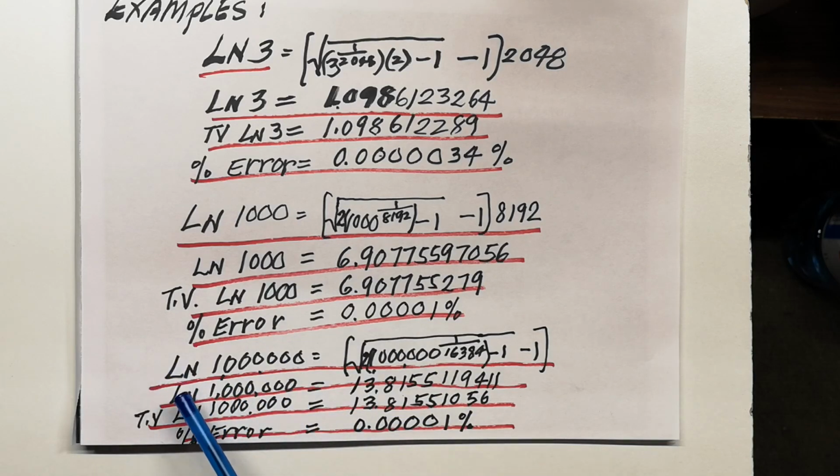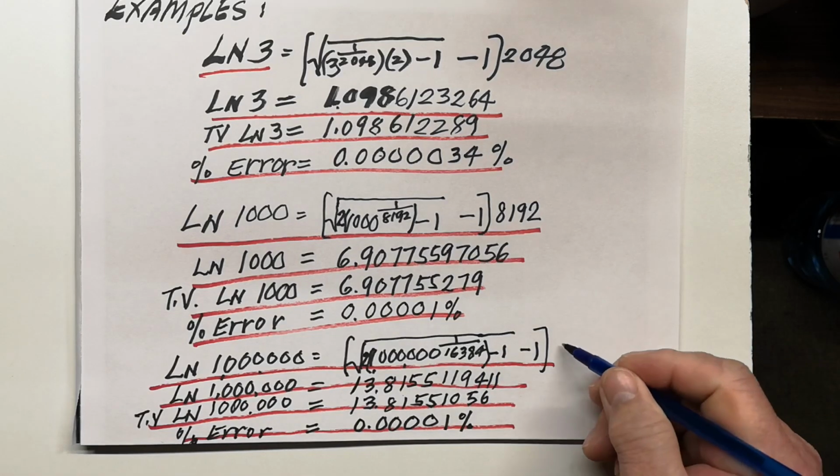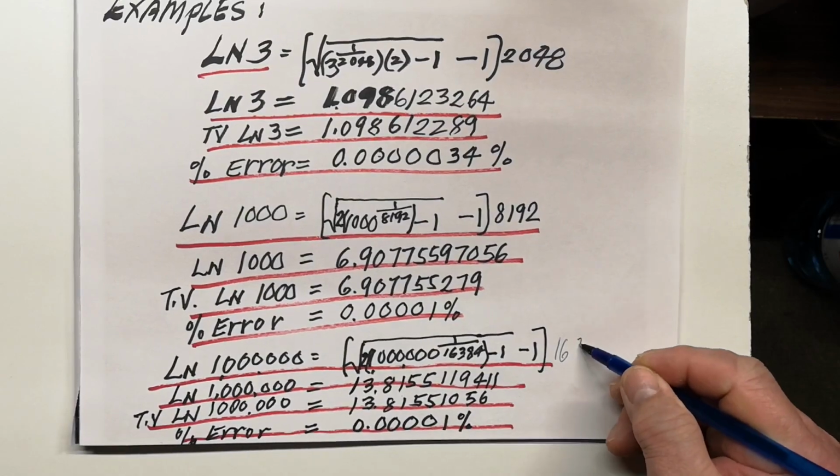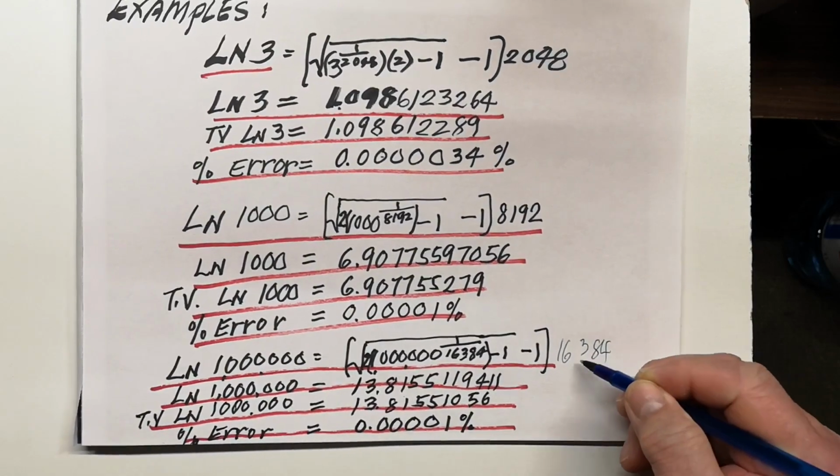And this one is for the ln of 1 million. Substituting into the formula using the 16,384, this one has to be multiplied by 16,384.